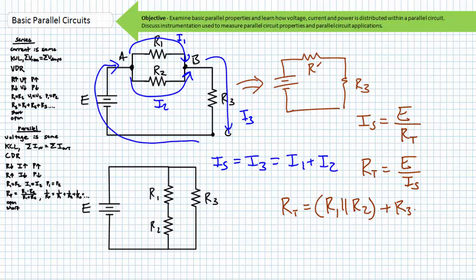Finally, and this is important, at no time was it absolutely necessary for me to solve for total resistance to make use of basic pure series and pure parallel properties.